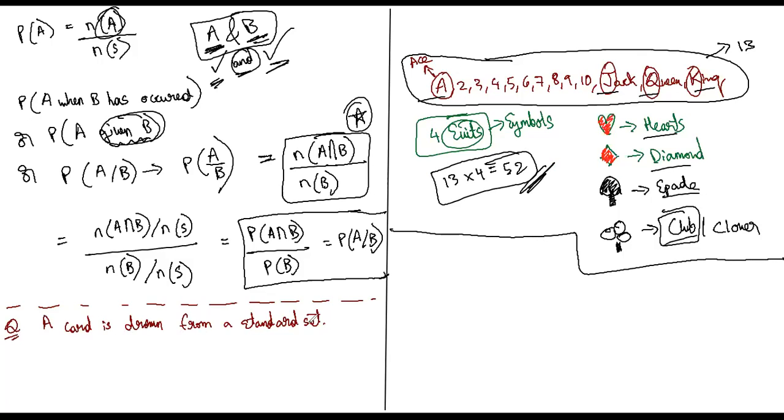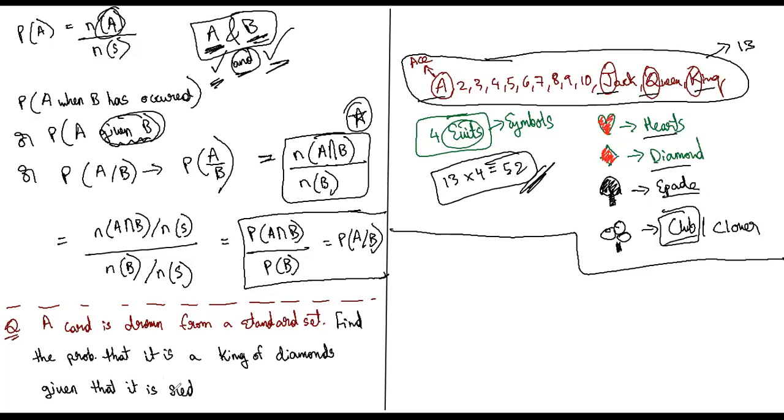देखो, a card is drawn from a standard set. Find the probability that it is a king of diamonds, given that it is red. ठीक है, ये red black भी थोड़ा controversial है.